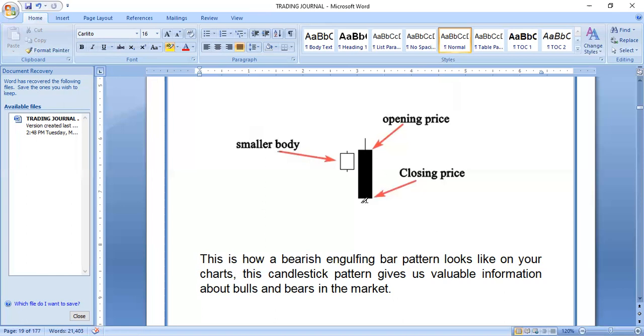If we get a confirmation of a second candlestick, let's say a confirmation of a second candlestick, looking at how I can draw.